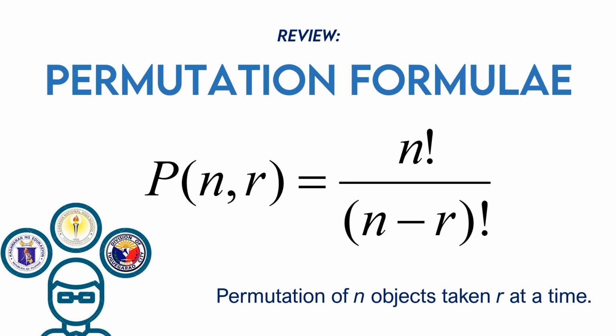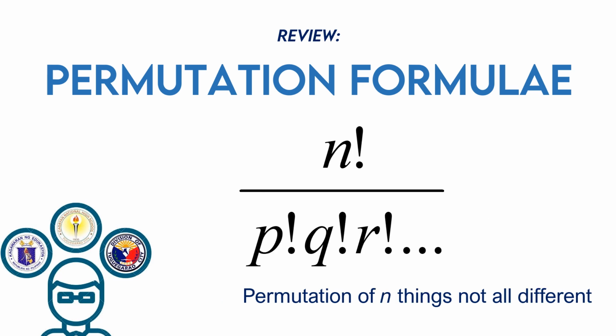We also have some formulae to remember when we are talking about permutation. The first formula is n factorial over n minus r factorial. This is permutation of n objects taken r at a time. We also have the permutation of n things, not all different.